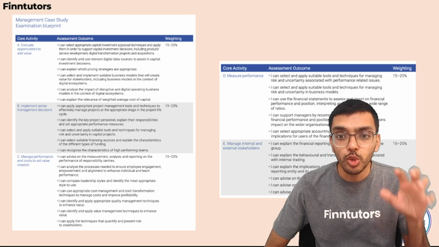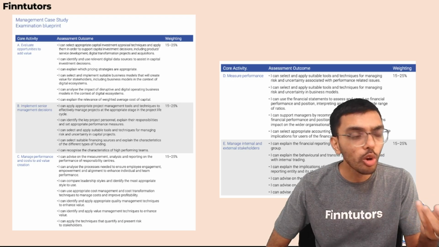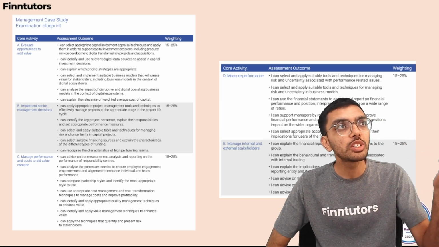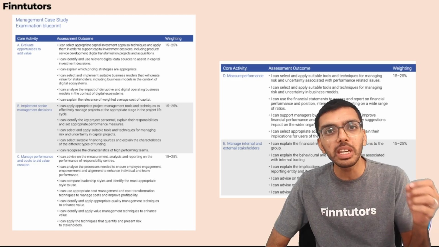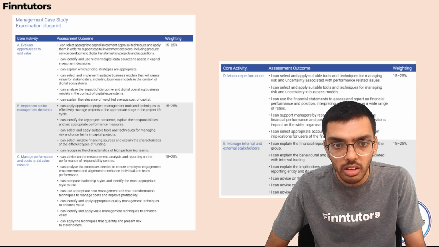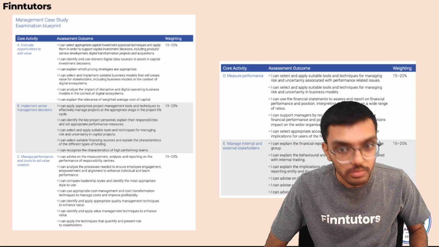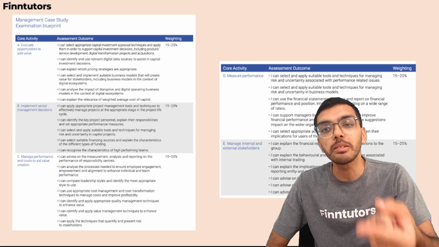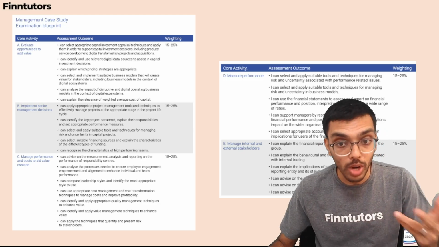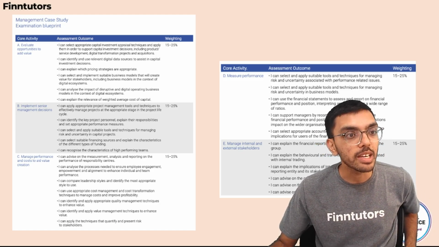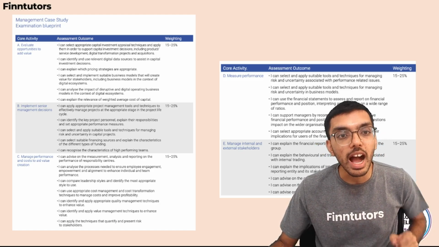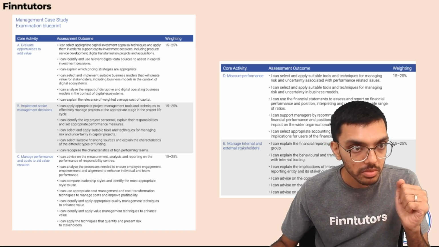Now, you will say that this is so broad. Evaluate opportunities to add value could mean hundreds of different things. How is this telling me what to study? This is further simplified, because CIMA has given separate I can statements.